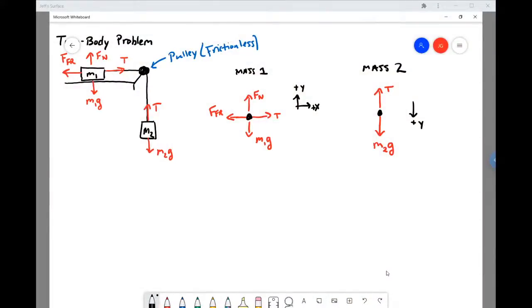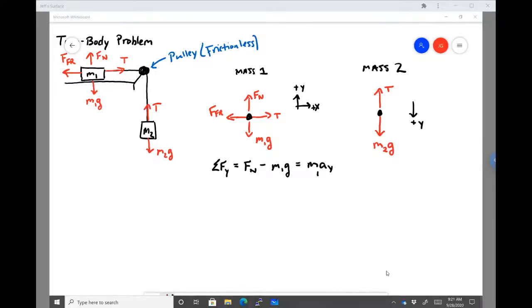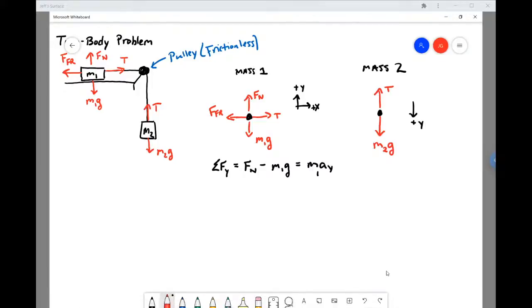Now let's use Newton's second law to write down expressions for the net force on mass 1. Mass 1 has two dimensions, so we'll have to write down two equations. The net force in the y direction is equal to the normal force, which points up, minus the weight, which points down. Newton's second law says that's equal to mass times acceleration in that dimension, and there's no way mass 1 is going to accelerate up and down.